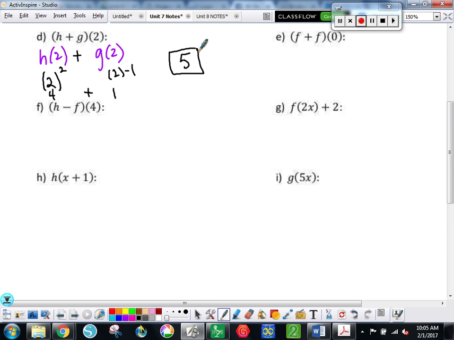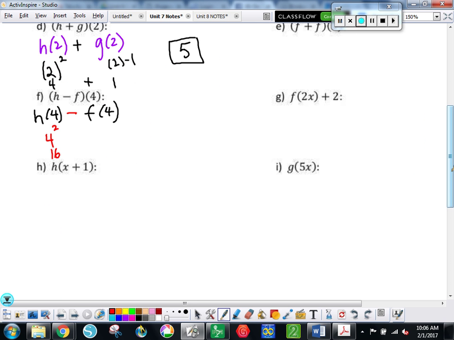Okay, let's do it again then. Part E. Part F. Let's do F instead. This one is the same thing as saying the h of 4 minus the f of 4. Figure that out, and then subtract them. So what's the h function? The h is squared, right? So 4 squared is 16. What's the f function?